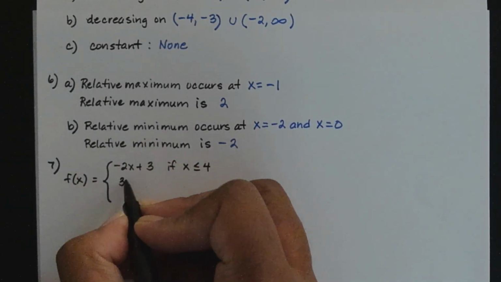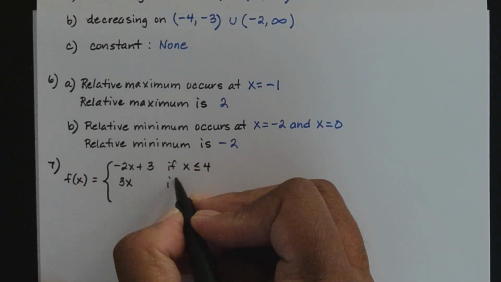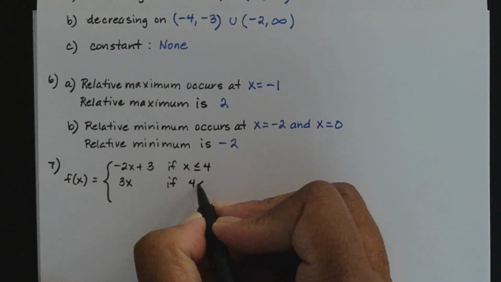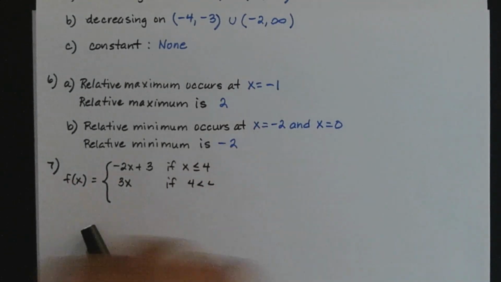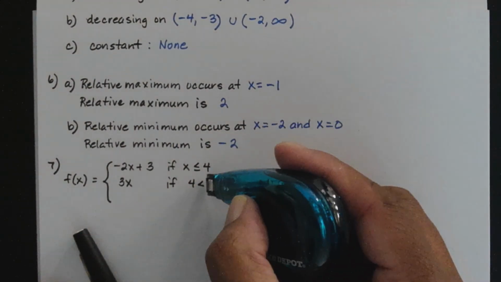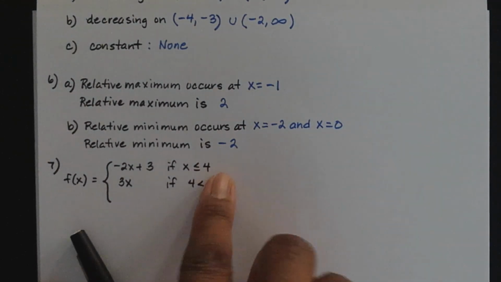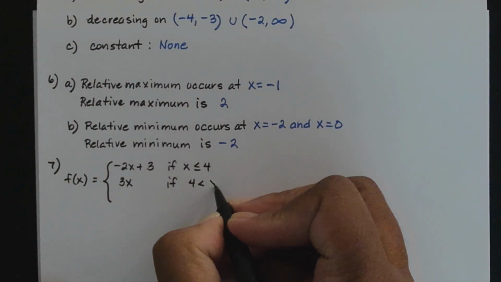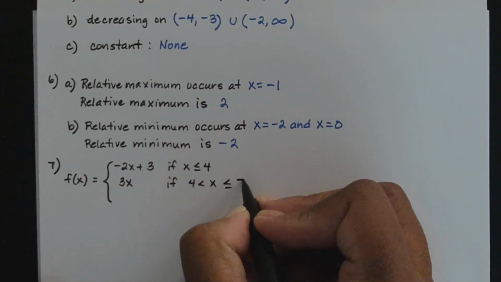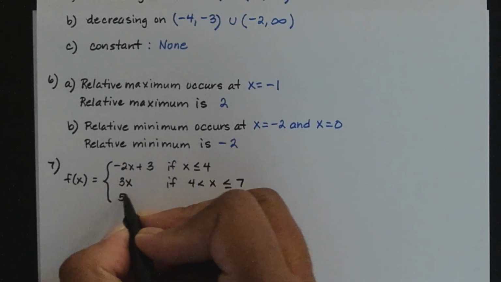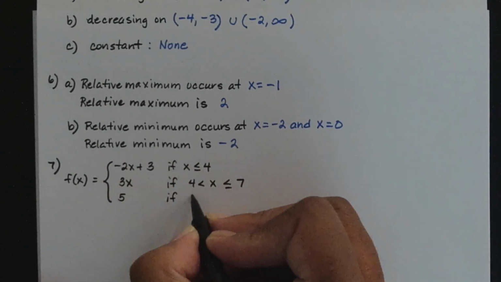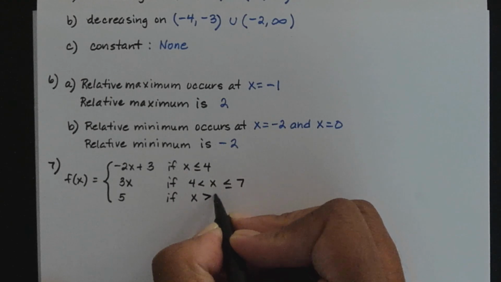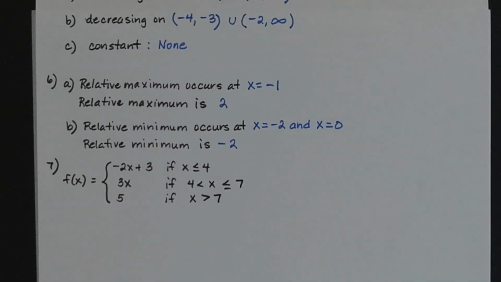We use only the 3x if your x value is greater than 4 and less than or equal to 7. And then, of course, 5 if your x value is greater than 7. So that's our piecewise function.